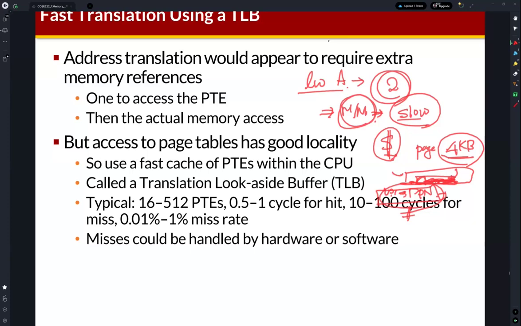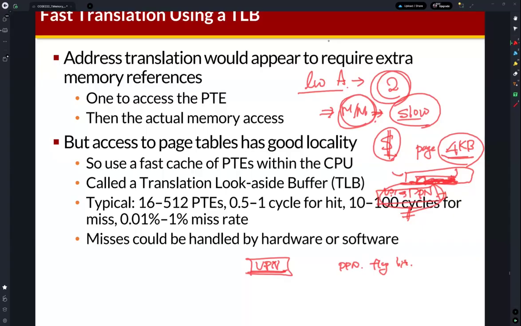What data does this cache include? In order to access the page table, we use the virtual page number. If we access the page table using the virtual page number, then we get the entry data. This entry data includes the physical page number and flag bits. These bits are also called attribute bits.